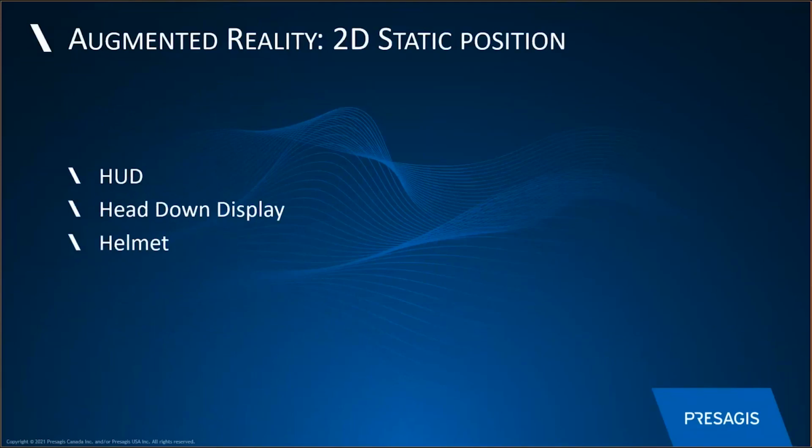On a heads-down display, the monitor is fixed in its position, so you're not required to do any head tracking. With a helmet display, tracking is very important, since wherever the pilot looks, the helmet moves with the pilot's head, and you need to show the relevant information for where the pilot is looking right now.